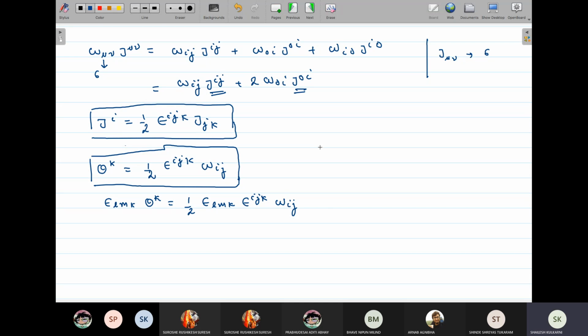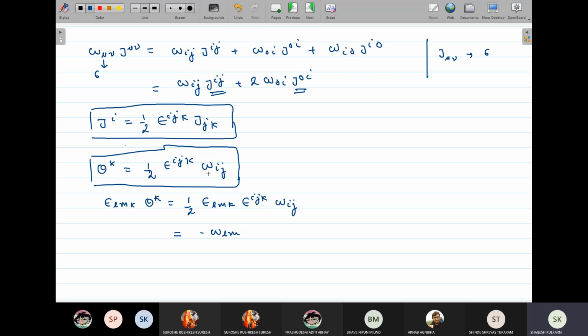But you can use the formula for the product of two epsilons, and you can show easily that this object is nothing but minus omega_lm.